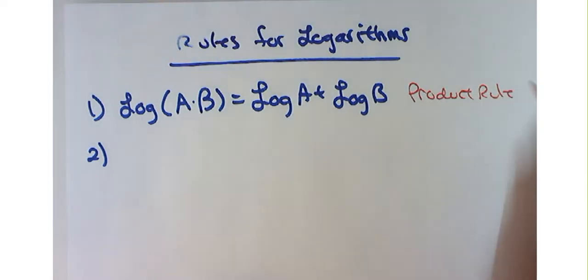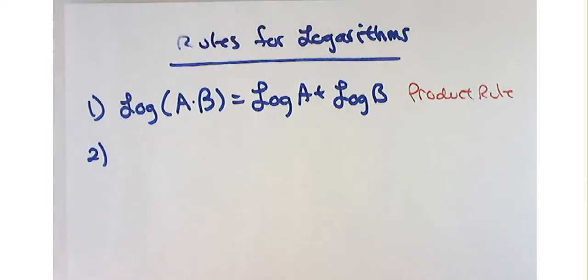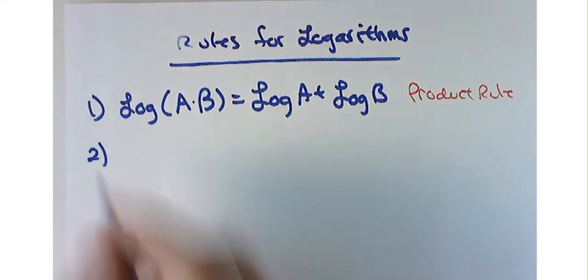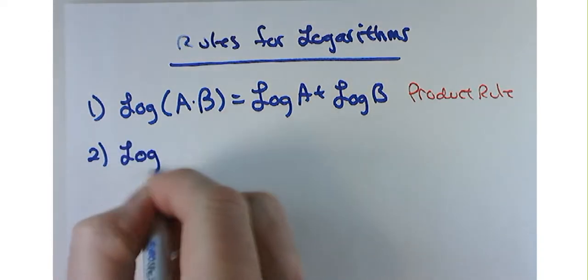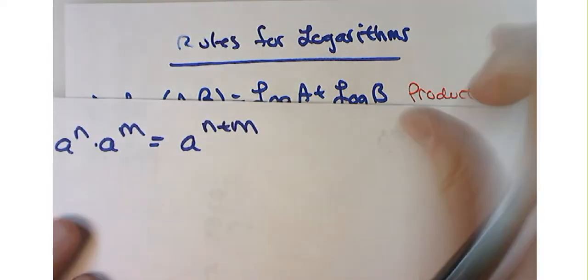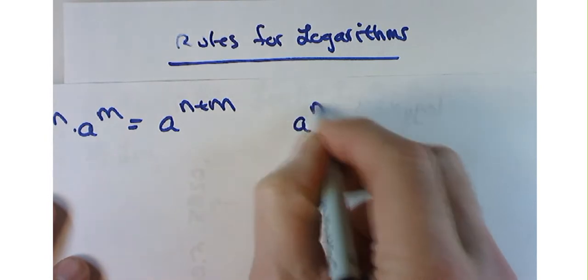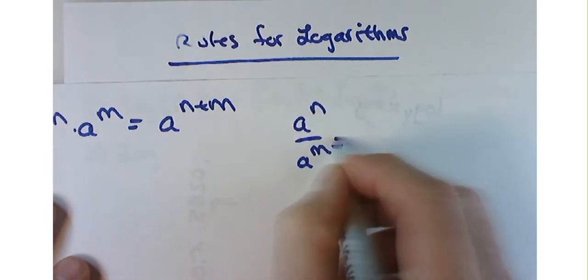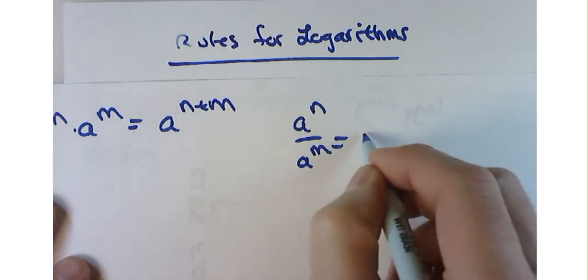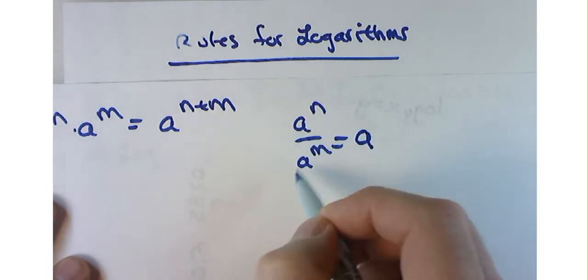Now, I'm not going to quiz you and say what's the product rule, but eventually you've got to know it. But I'm not going to ask you for it by name. Let's go back to exponents here. A to the n divided by a to the m. When you divide things with the same base, please don't cancel out the a's.